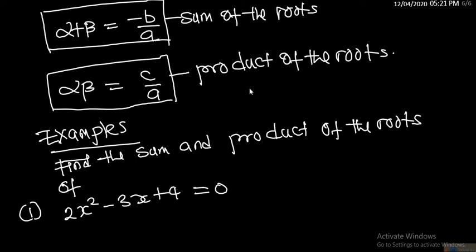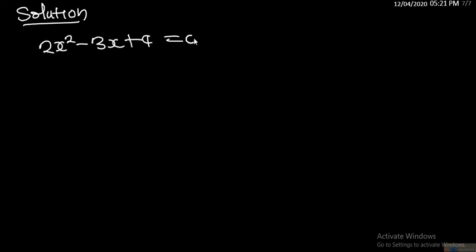So if you have an equation like this, guys, the first thing you do is to compare with the general form. So what we have there, solution, we have 2x squared minus 3x plus 4 equals 0.